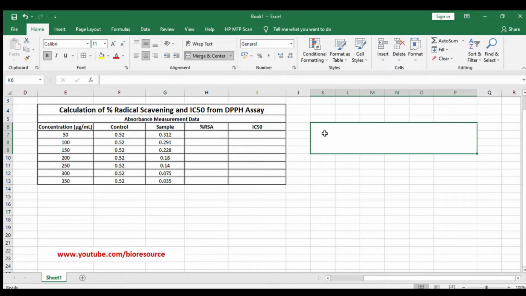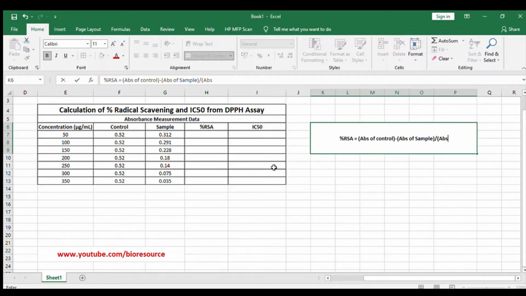The percentage RSA value can be calculated using this formula. Percentage RSA is equal to the absorbance of control minus the absorbance of sample, divided by the absorbance of control, into 100.